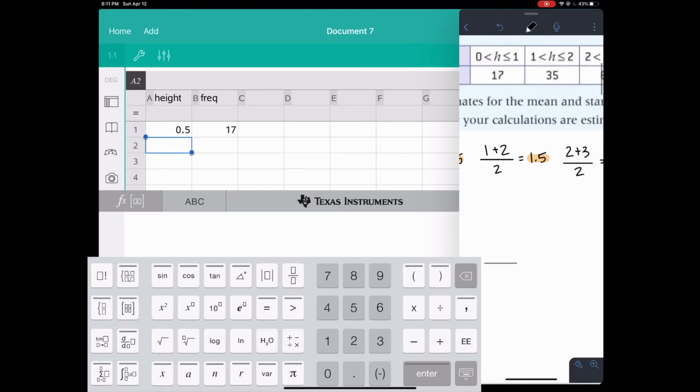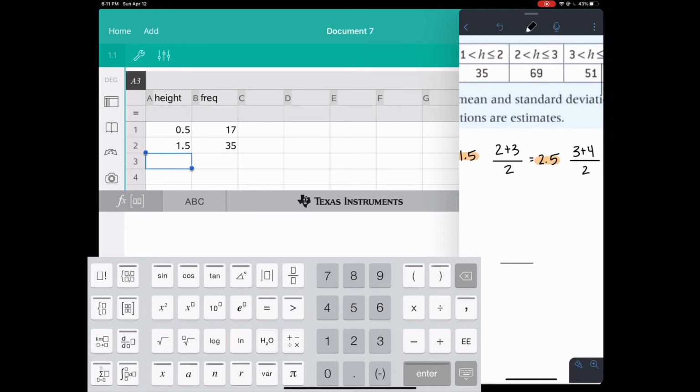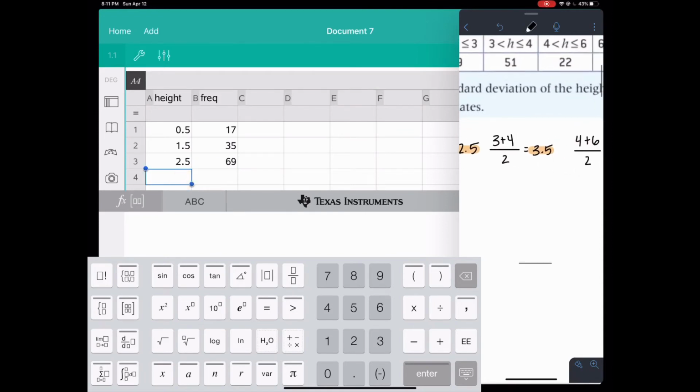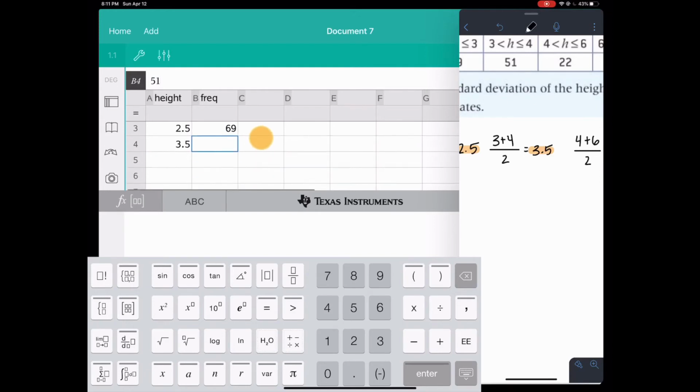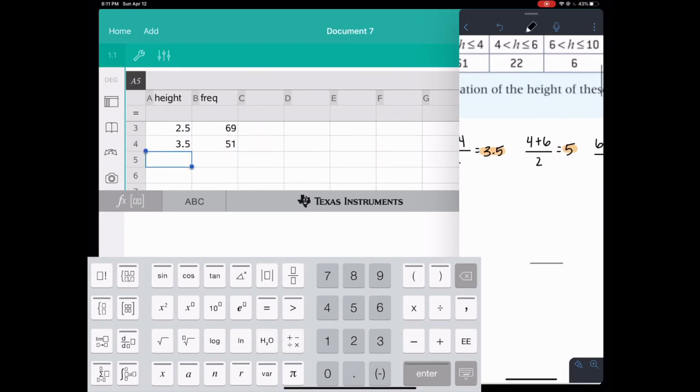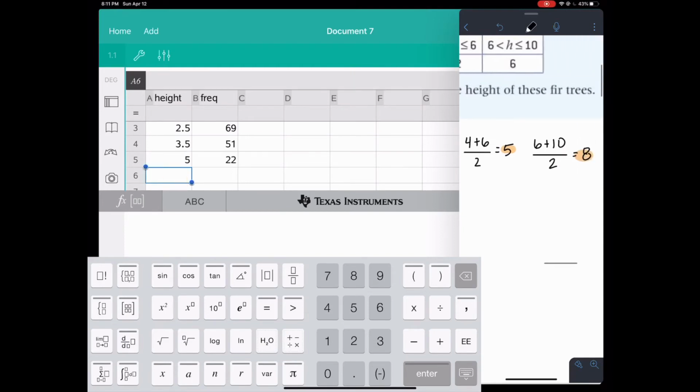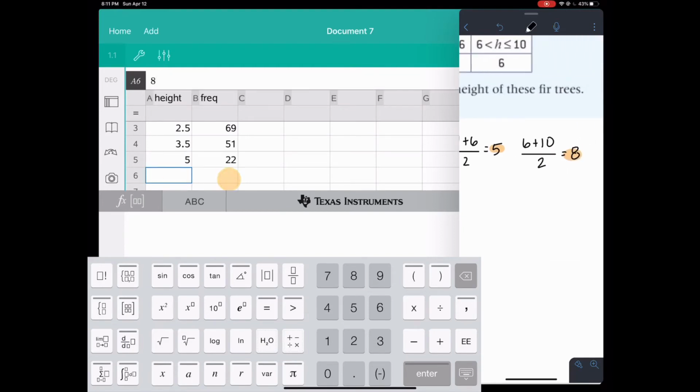And then we have 1.5 and 35, 2.5 and 69, 3.5 and 51, 5 and 22, and then 8 and 6.